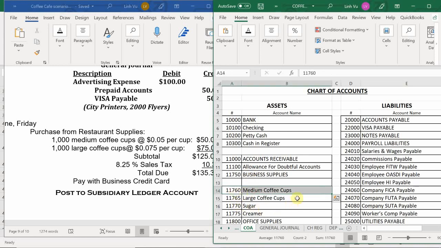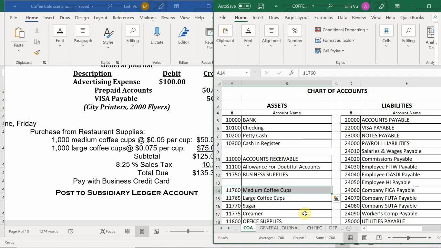It's not going to be down there. Go all the way up to the chart of accounts, at the very beginning of your assets. Business supplies? Yes, you have a business supply for the medium coffee cup. We have all of them here.